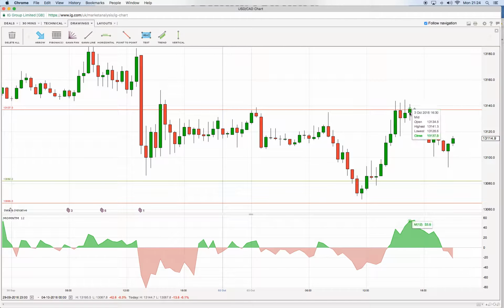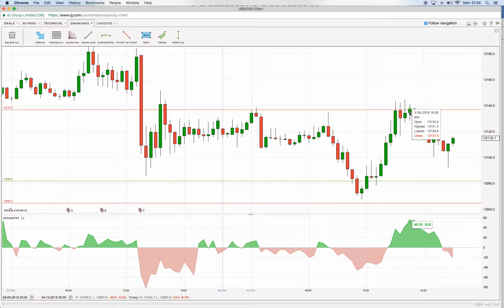So if everything was going well, what would be the normal scenario is that with this kind of reading here of 53, 54, we should have had, I don't know, a market reading of 1.3160, but we don't have it, and so something is fishy here.